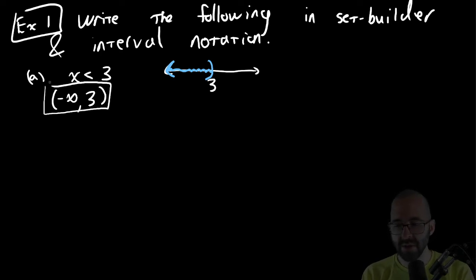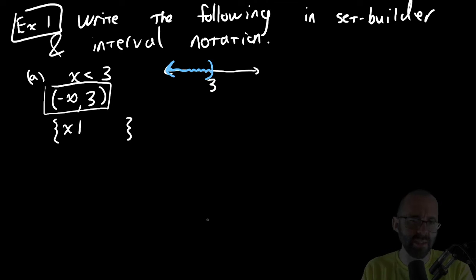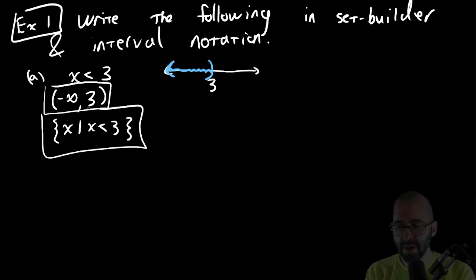That's what it is in interval notation. Set builder notation is always the set of all x such that blank. Every set builder notation for domain is going to look like this. Range, we usually replace it with a y, just because y is usually for y values, outputs, range outputs. So this is going to be the set of all x such that x is less than 3. And that's part A.